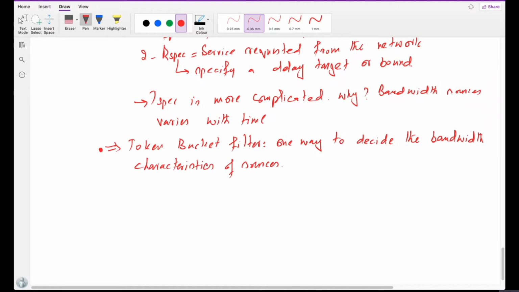The token bucket is a filter that will help us address this problem of TSpec being more complicated, and it describes the characteristics of sources. Such a filter is described by two parameters.